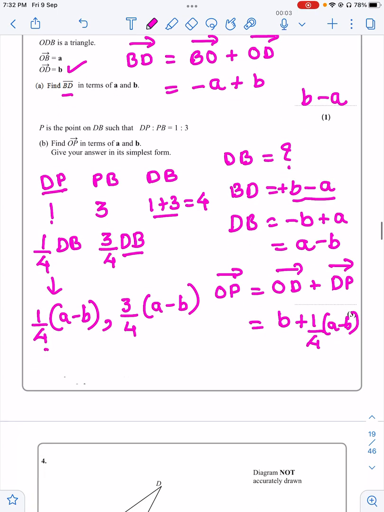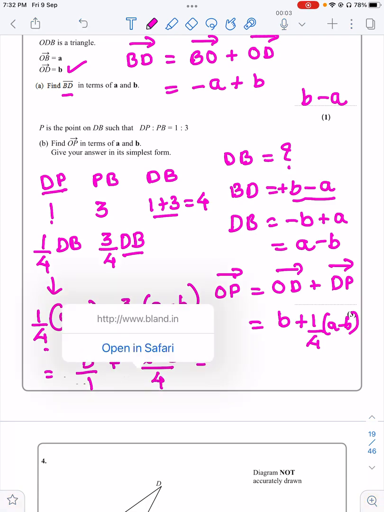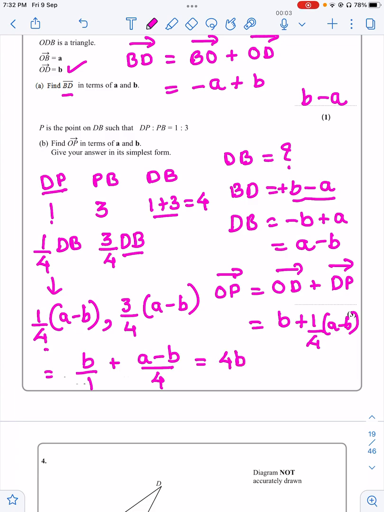Now, my dear students, simplify this. That will give me B upon 1 plus (A minus B) upon 4. I get the LCM again. 4 will be multiplied to B, 1 will be multiplied to (A minus B). So this I get (4B plus A minus B) upon 4.